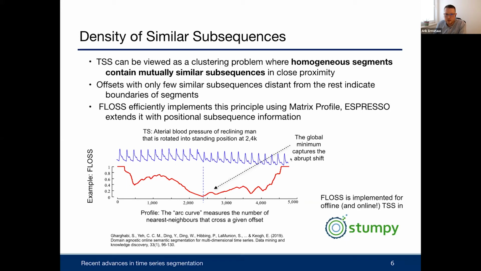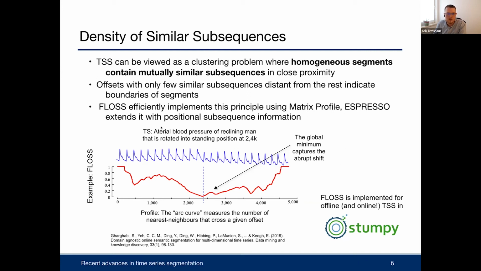If it were repeated here, you would have nearest neighbor arcs that reach from the left side to the right side, and then this method degrades. You can counteract this by also considering where these subsequences are located in the time series, and making it more likely that a subsequence finds its nearest neighbor in its own segment and not in a repeated one later on.